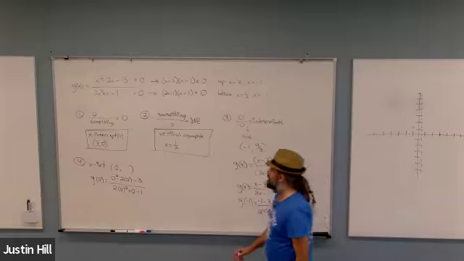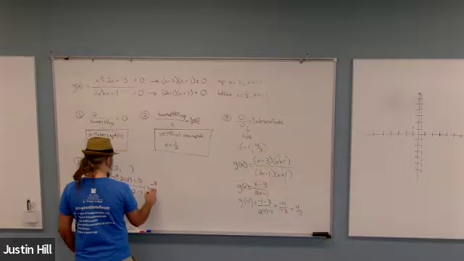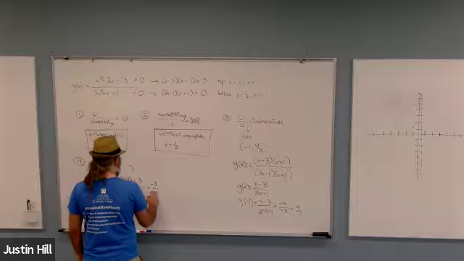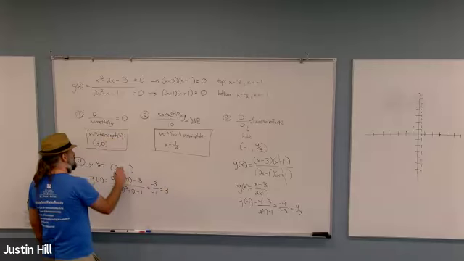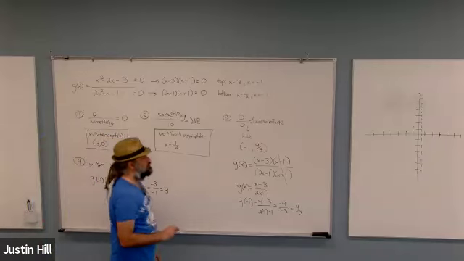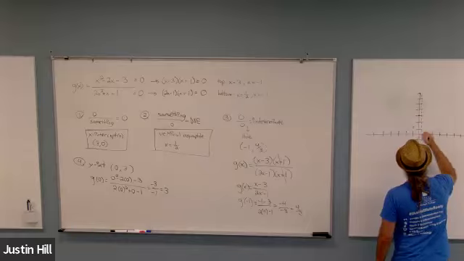Another fraction. -3. On the bottom, what's that going to be? 3 more. So my y-intercept is (0, 3). And I'll go ahead and mark that too.